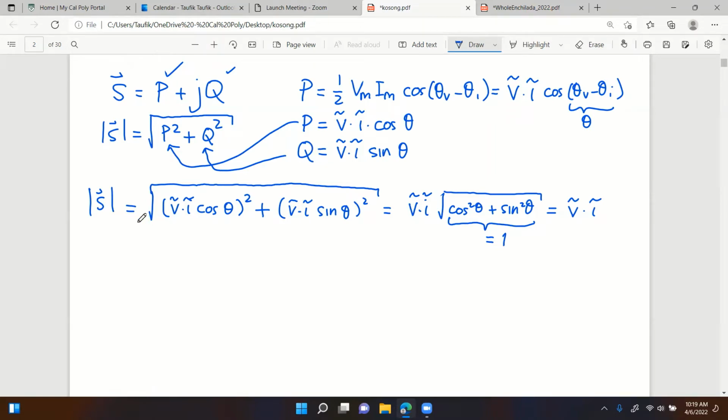You just plug those into the equation, and then you get the equation for apparent power to be equal to V times I. Any question on this derivation?